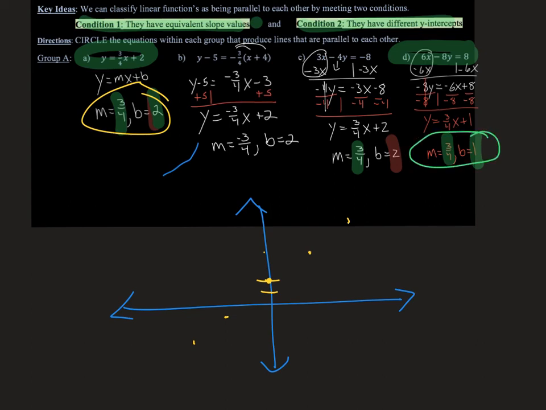We would have a y-intercept at 1, and then the additional ordered pairs for that one would be just below these. So we would have 2 lines that are parallel to each other because they have equivalent slopes and they have different y-intercepts.